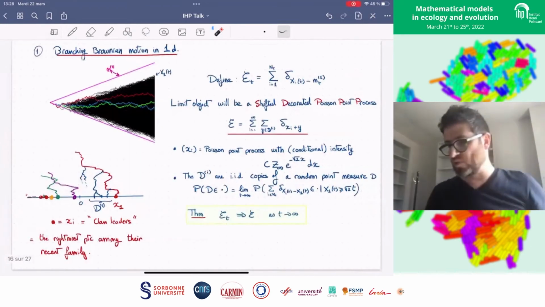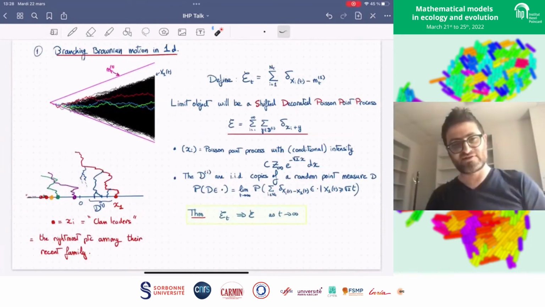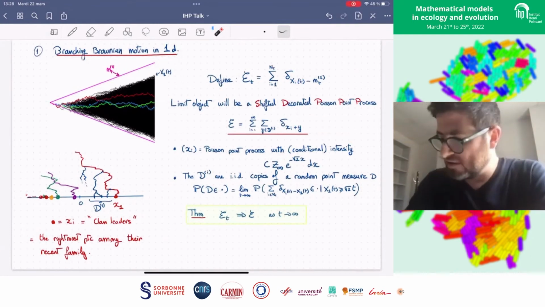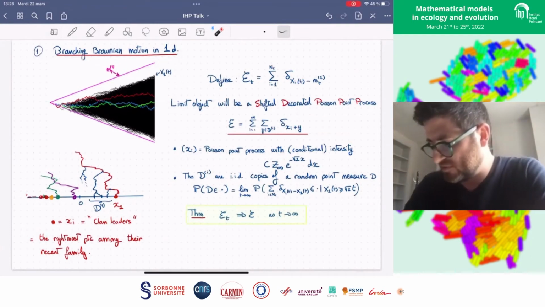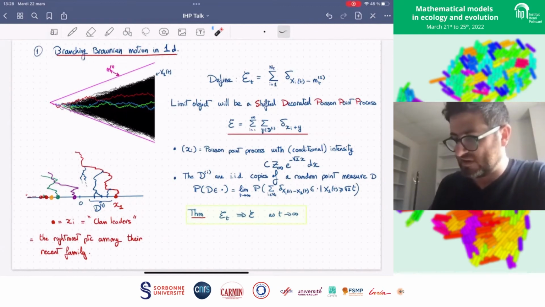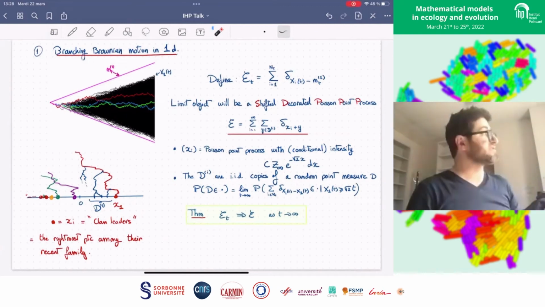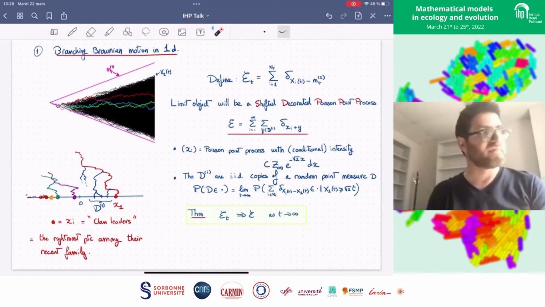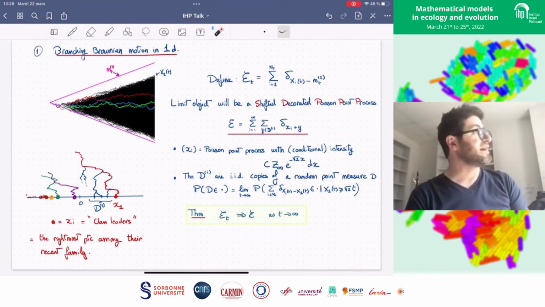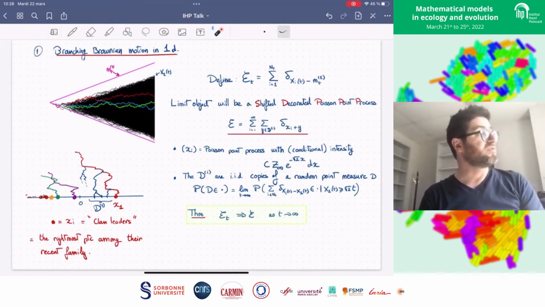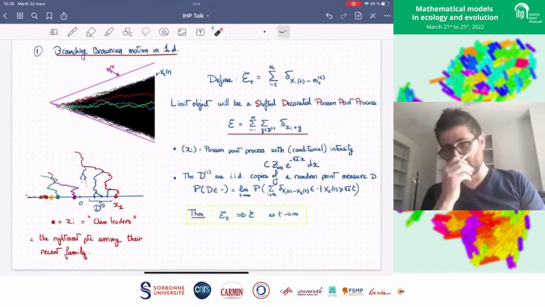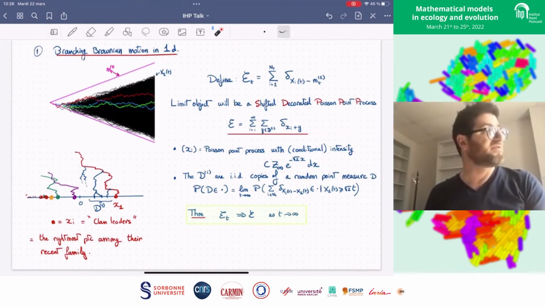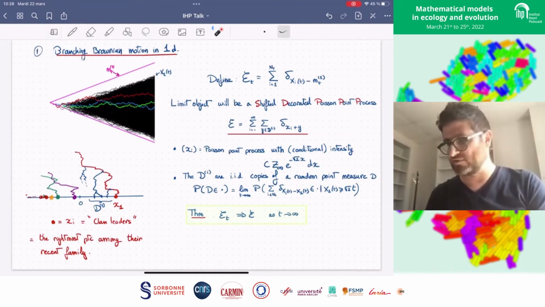So why do you call them the clan leaders, and why should you expect this picture? Well, if you look at a particle alive at time t, and you look at all the particles that have a most recent common ancestor with this particle less than t/2 in the past.